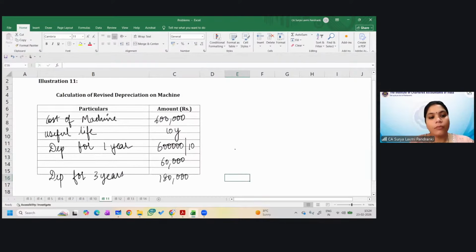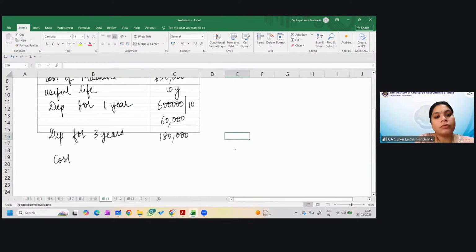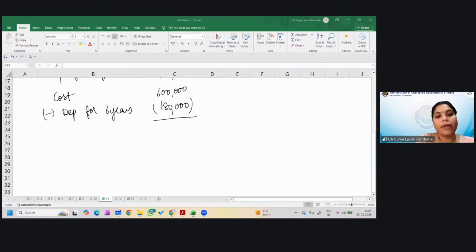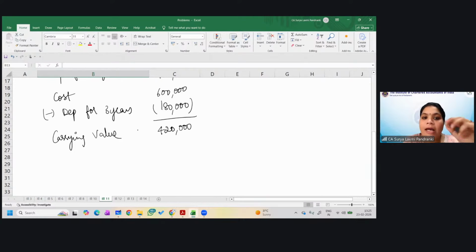Now, cost is 6 lakh minus for 3 years is 1,80,000. So what is the carrying value that is there? What is the carrying value we have? ₹4,20,000. Okay.